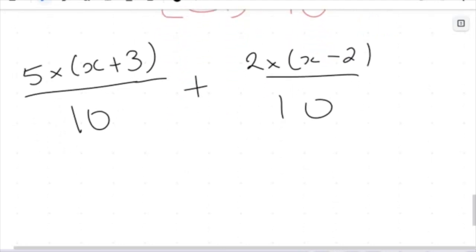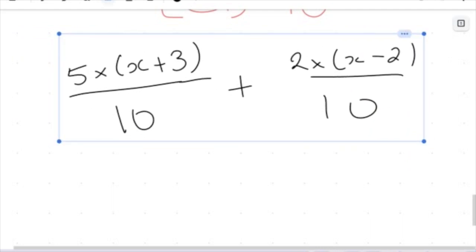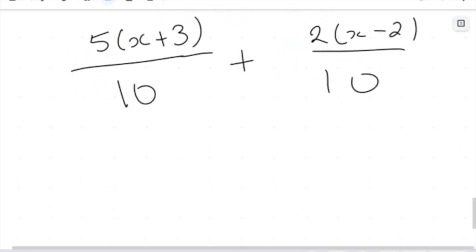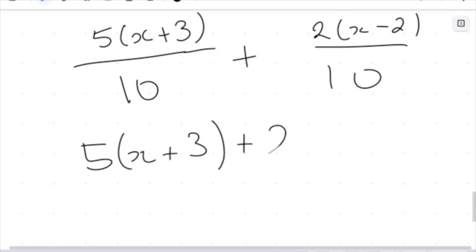Okay, so what does this remind us of? Well, we are going back to the very start of this series, because this now becomes an exercise in expansion. It's important to note that now that we're adding with the same denominator, I can write this as a fraction over the same denominator.